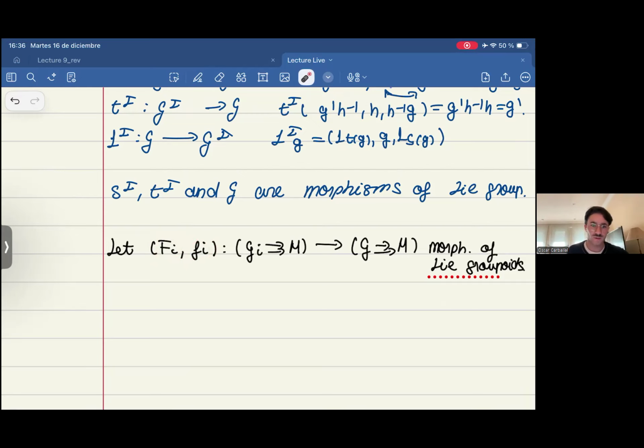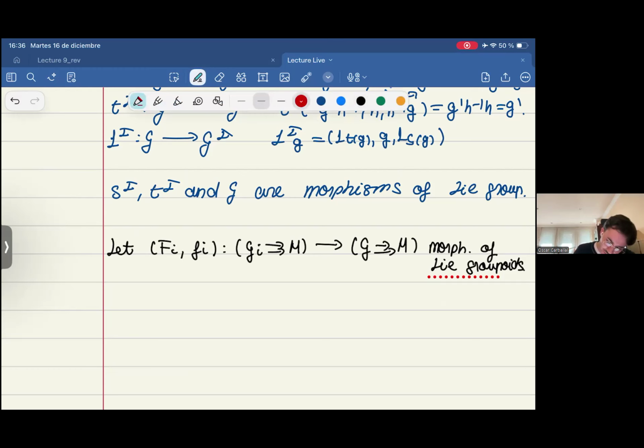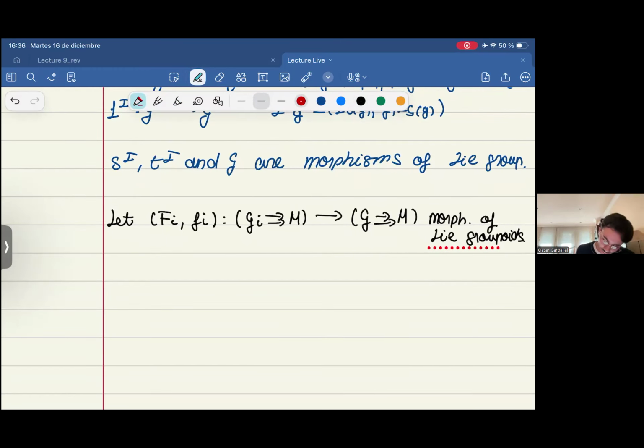Now let us suppose something stronger, which is transversality, that the capital F is transversal to the other F.